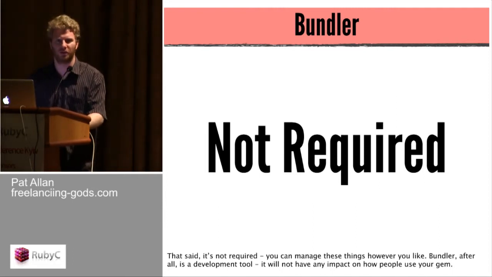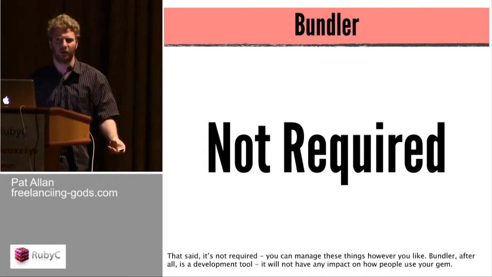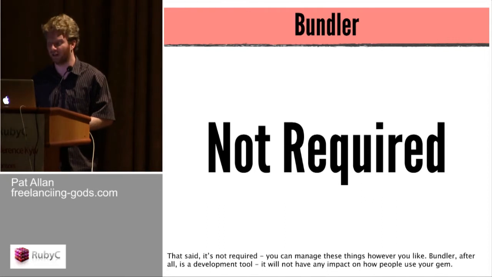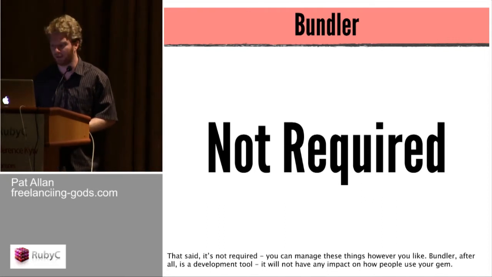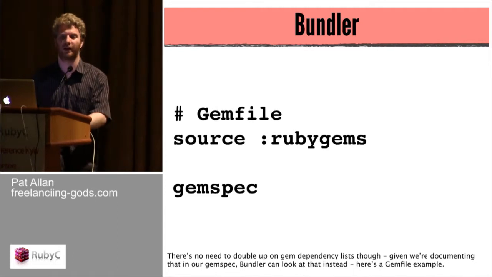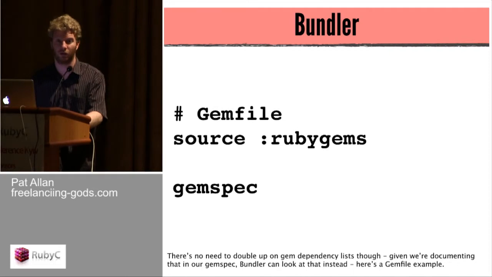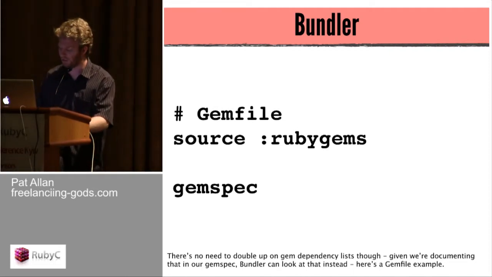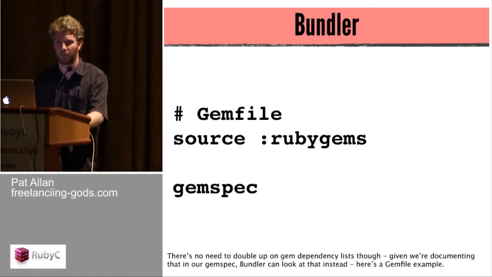But if you want to use Bundler, then you've got all your dependencies listed in your gemspec already. You don't want to have to list them again in your Gemfile. And Bundler's cool with that. If you just give it the command gemspec, it reads in everything in your gemspec. Now sometimes you're going to have situations where you need different gems depending on different Rubies in particular.